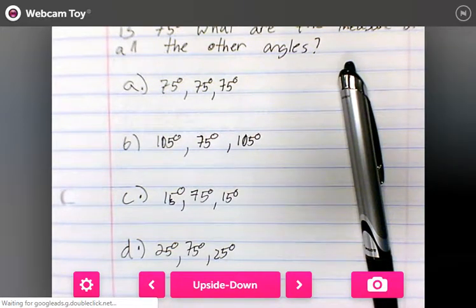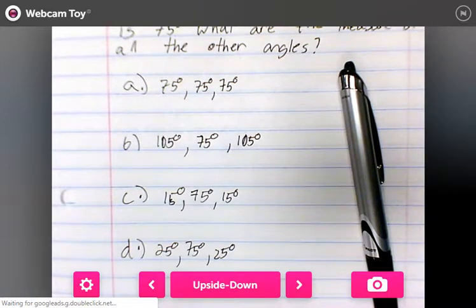I'm just trying to give you guys a minute to write this all down. Do you want me to read any of this again, or you guys got it? So it says, if one angle in a parallelogram is 75 degrees, what are the measures of all the other angles? A says 75 degrees, 75 degrees, 75 degrees.